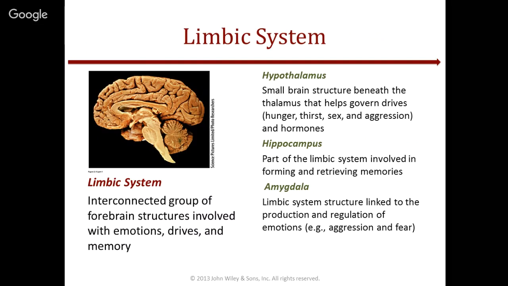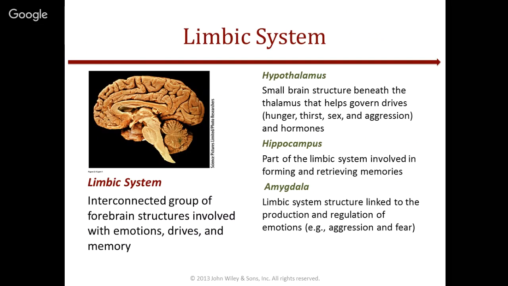In your limbic system, you have three main systems within the system. I want you to think of your limbic system as the place where your emotions live. It's the structure of your emotions, your drives, your memory as well, emotional memory.